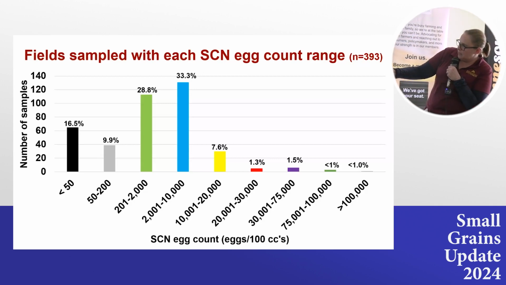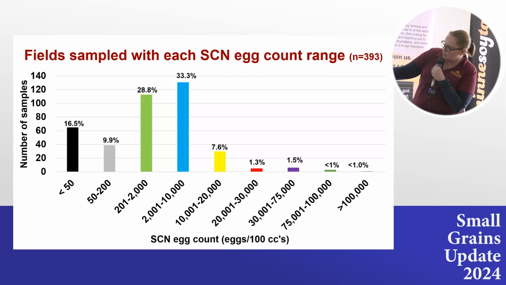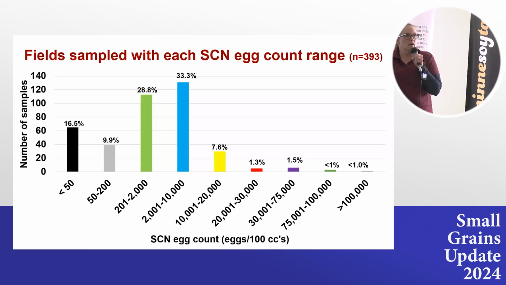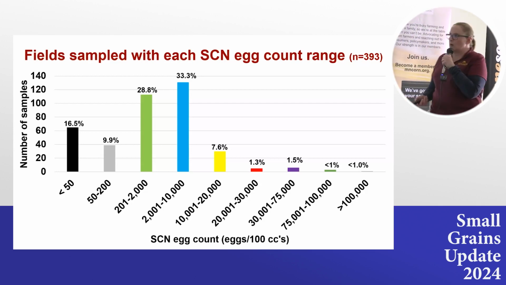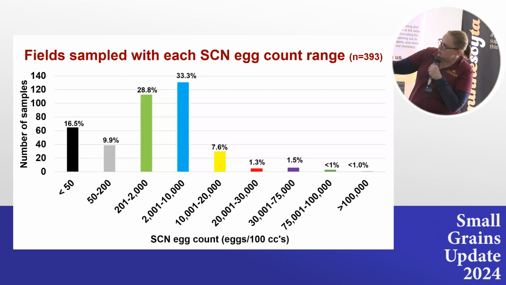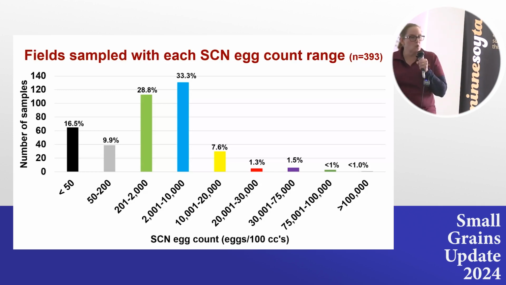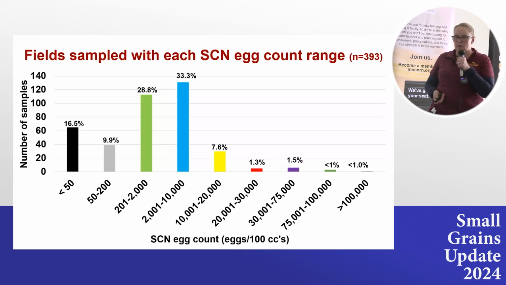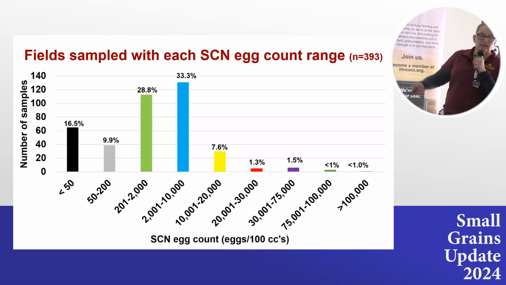Here, for example, this bar is fields with between 50 and 200 eggs per 100 cubic centimeters of soil. And here's the number of samples, and I put the percentage of total samples right above the bars.